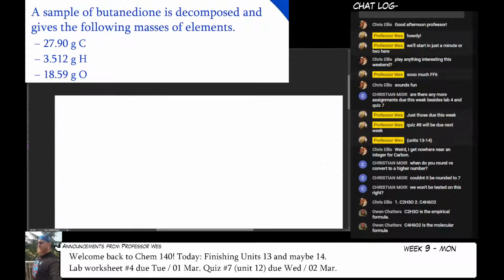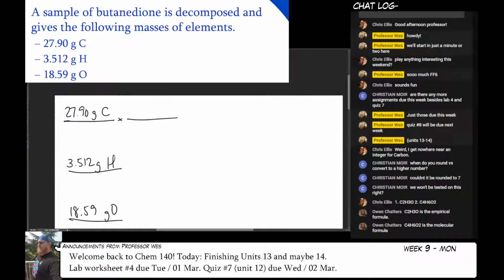All right, so I have 27.90 grams of carbon, and I also have 3.512 grams of hydrogen and 18.59 grams of oxygen.